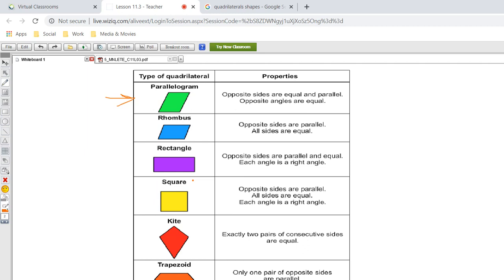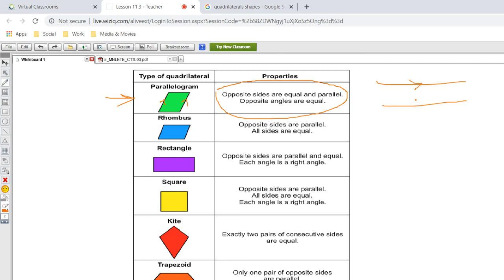What is the meaning of parallelogram? Parallelogram means opposite sides are parallel and opposite angles are equal. Opposite sides are parallel. So we have this side parallel to this side. Parallel means like the train track.